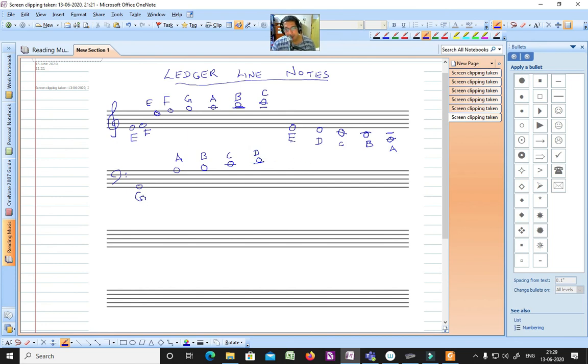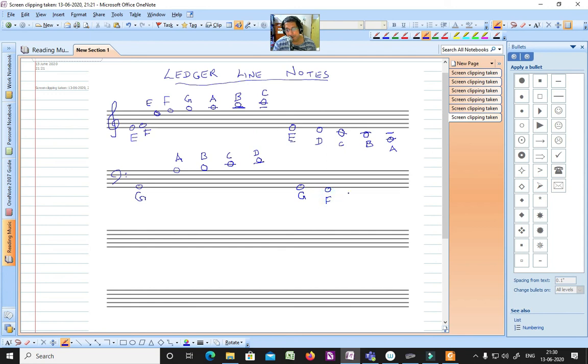Okay. And now even if I go backwards from this low G, what comes before G? F. So this is an F.